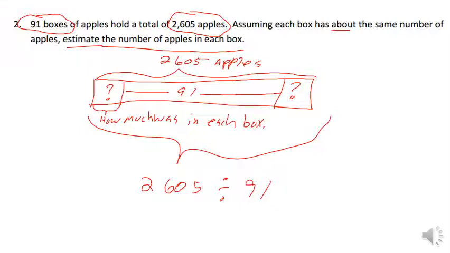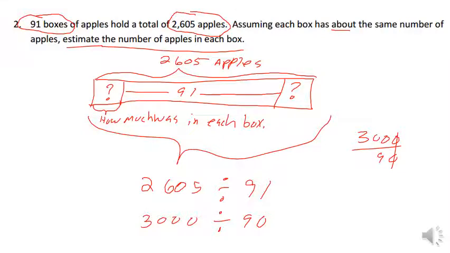Now to do an estimation on this, 91 is going to be closer to 90. 2,605 is going to be closer to 3,000. Now when I write it as a fraction, I have 3,000 over 90. Now 30 is not a multiple of 9, but I know there's 27.